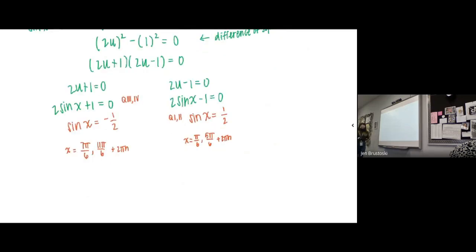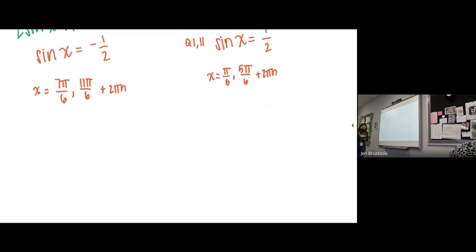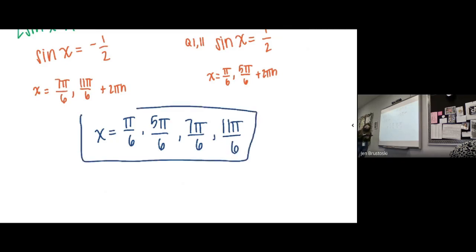So add the 2 pi in, but then for your final answer, we'll just put x equals pi over 6, 5 pi over 6, 7 pi over 6, and 11 pi over 6. All good?